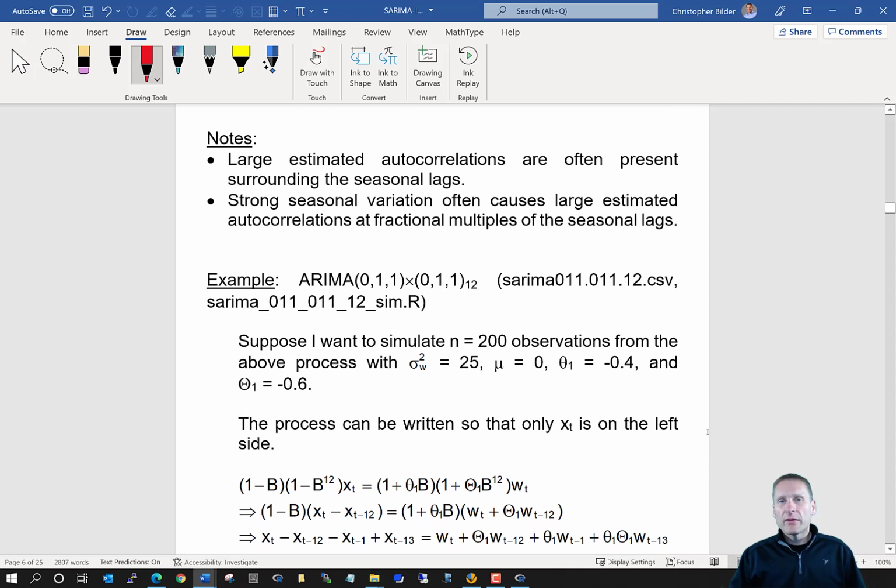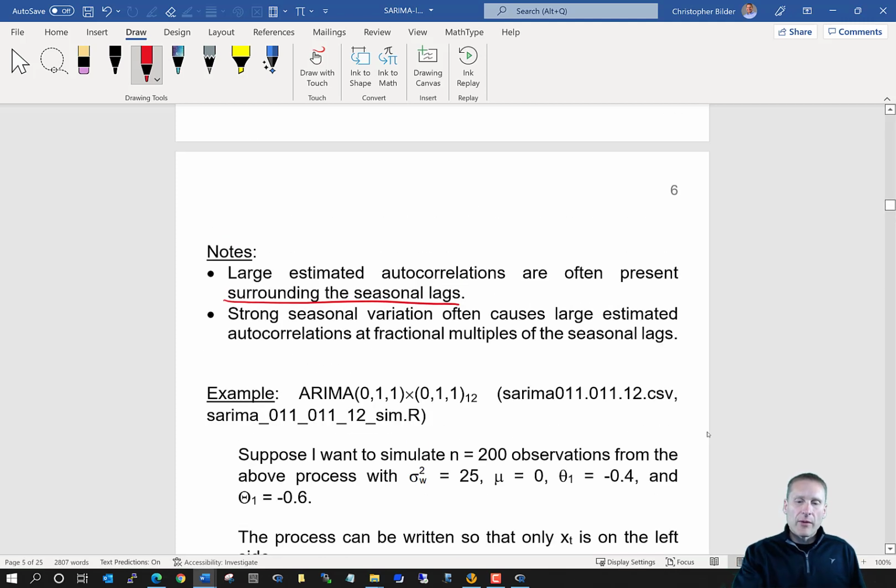Now, before we get to an example, I want to bring up 2 comments. First, large estimated autocorrelations are often present around the seasonal lags. For example, let's say we look at a PACF plot. We have -1, we have +1 here, and lags. Here's 4. Maybe I have quarterly data.